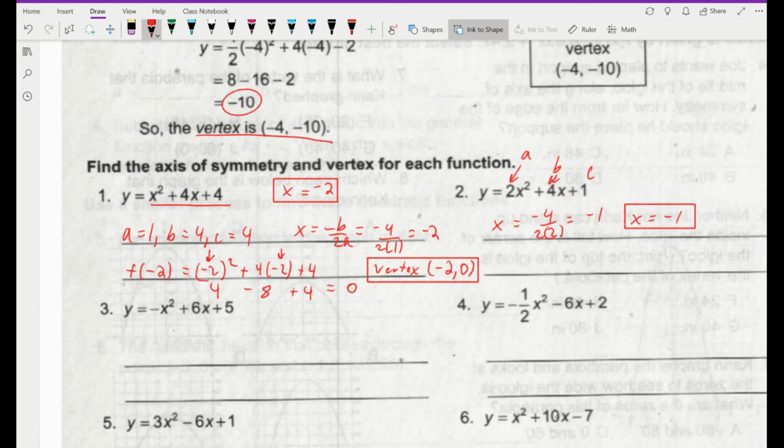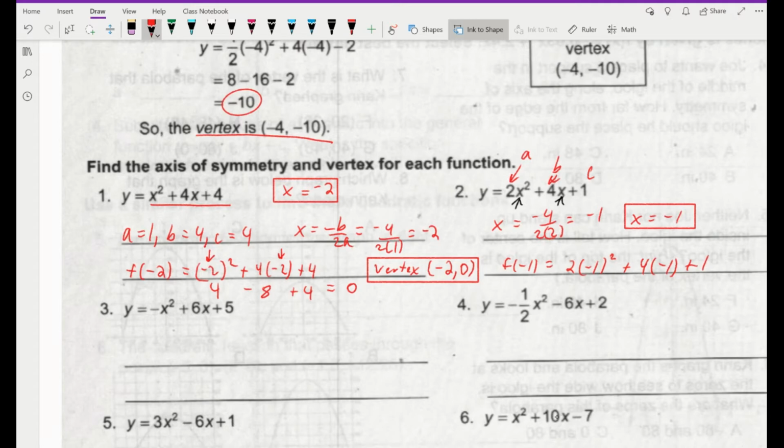Now we're going to plug negative 1 back into the original function. 2 times negative 1 squared plus 4 times negative 1 plus 1. Again, remember, we are always plugging in for the x values what we just solved, which is x equals negative 1.